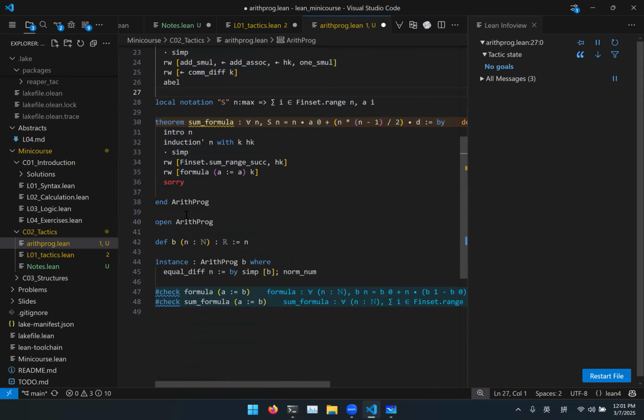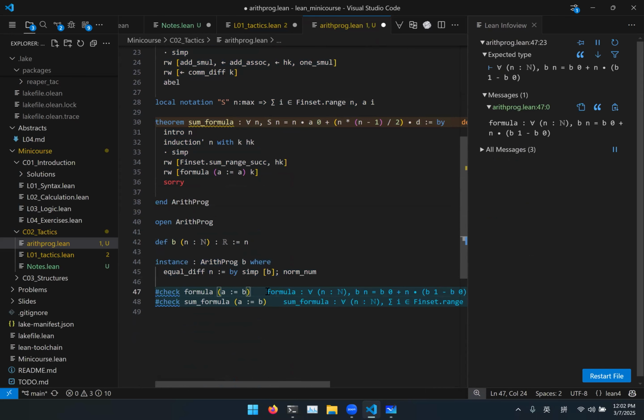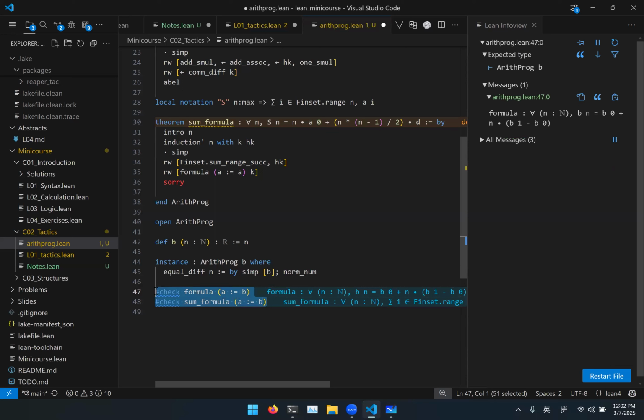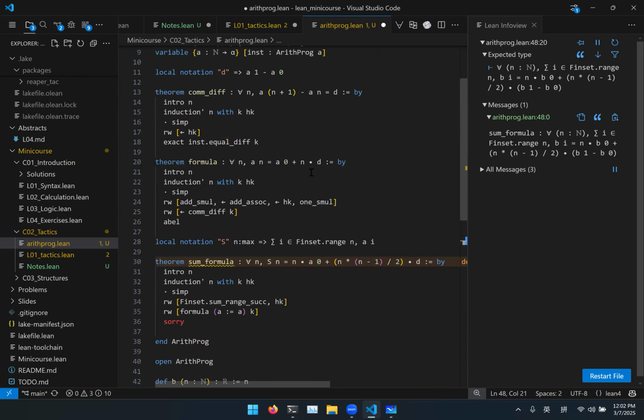So in another place or in another file, anywhere we open this arithmetic progression, we can specify a new series, and we can immediately prove that this series is an arithmetic progression. And then after that, we can get access to all the properties and lemmas that this structure has.